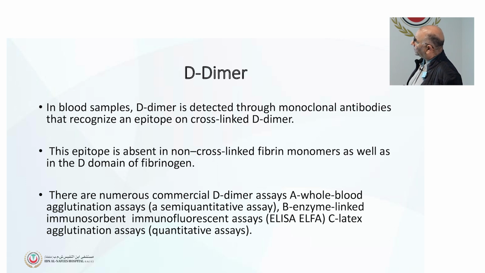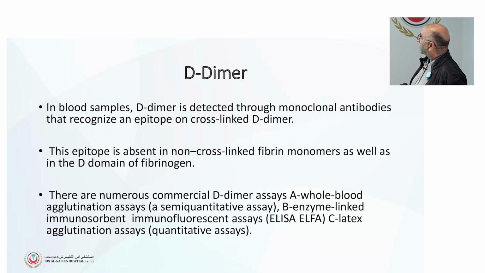This is from the net. So you have this clot, and this is the FDP, the bigger molecules, and we have the D-dimer, smaller molecules. Of course, there are a lot of fibrinogen equivalent units or D-dimer units. That's maybe technical, probably explained by the companies.